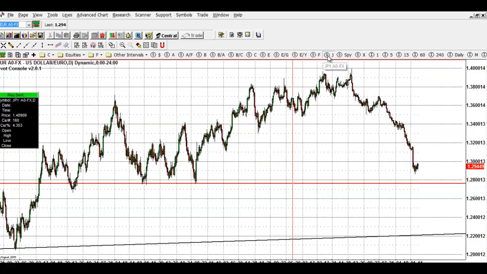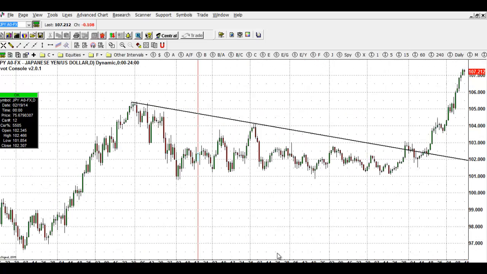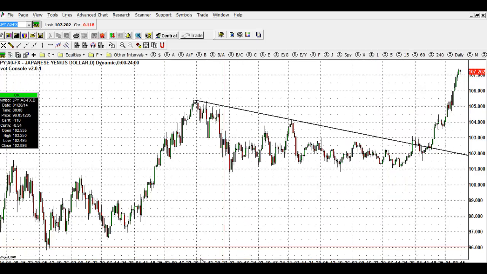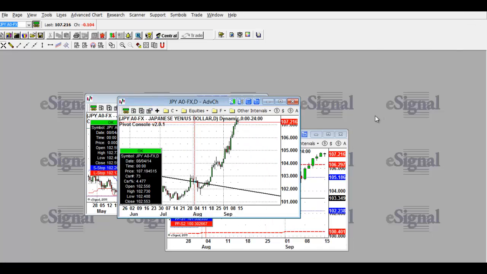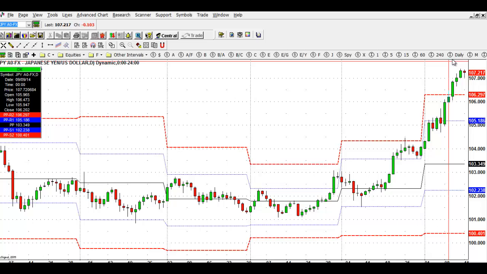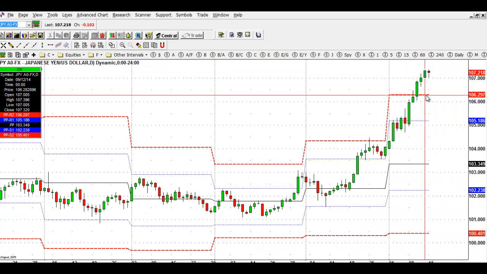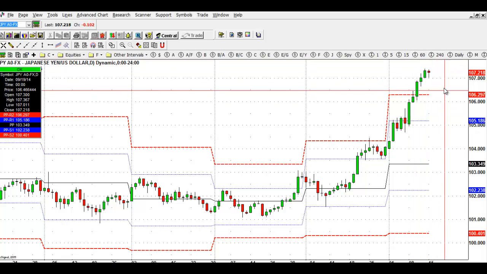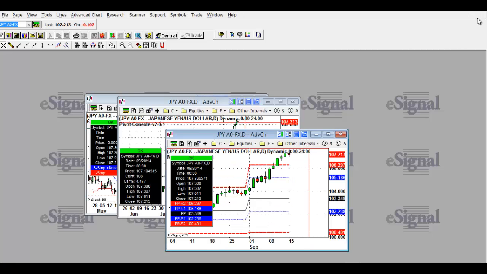Okay, taking a look at the Japanese yen, we see that the market broke out of this triangular consolidation pattern and is currently heading north. Just a note, we are above the monthly R2 pivot point of 106.29, so we could see some corrective action down in the Japanese yen.